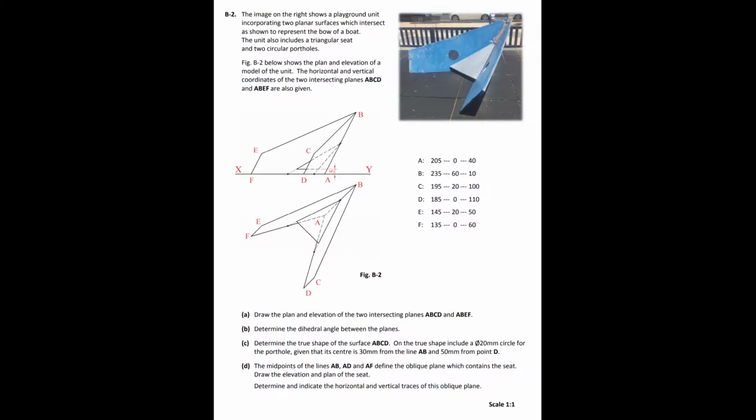So that means that the x value for A is 205, so that's measuring in 205 millimeters from our start point on the left. The second value, 0, that's the y value, so that is how high off the horizontal plane it is. In this case it's sitting on the horizontal plane. And finally, the 40, that's the z-axis, that's how far out from the vertical plane that point is.